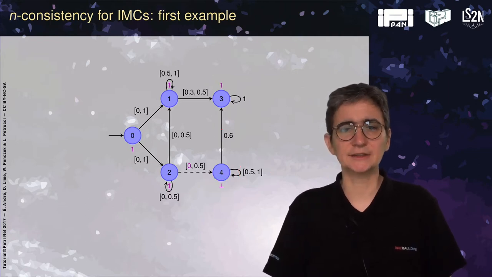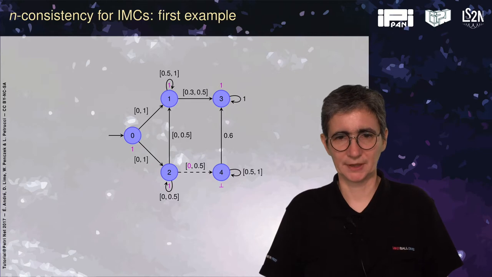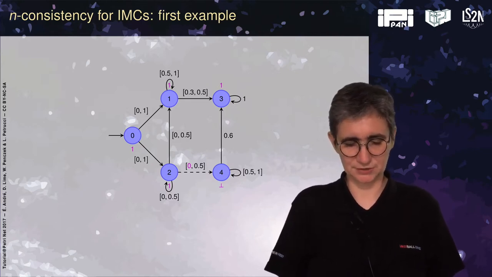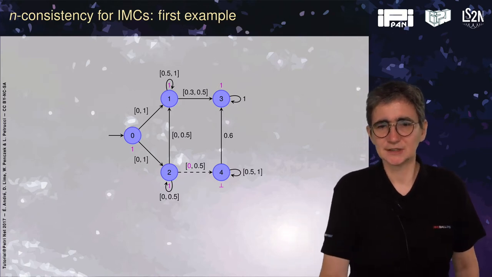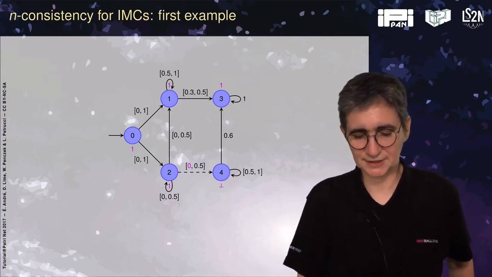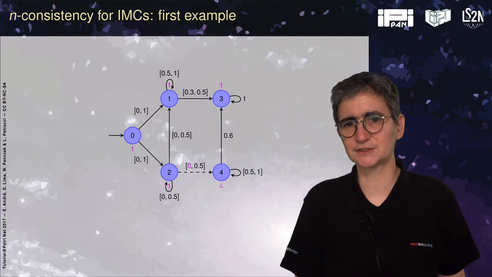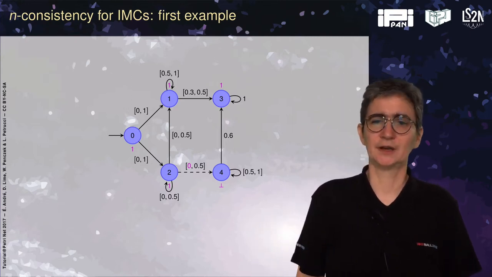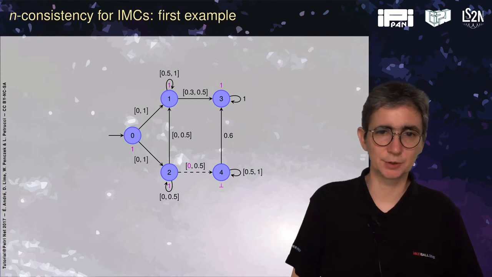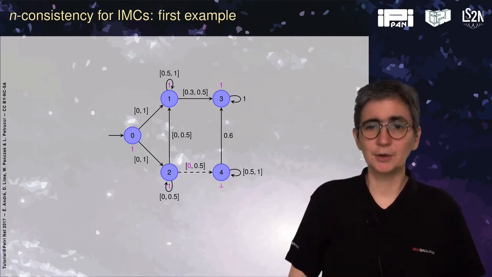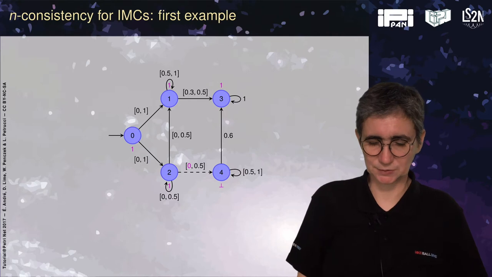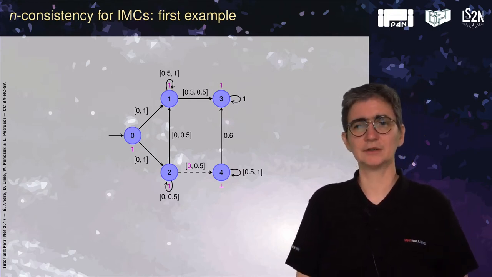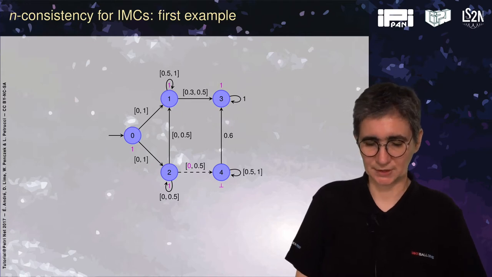So all states in this example are zero consistent, except state 4 that is not. Now let's look at one consistency. If we consider state 2, which is the most interesting here. State 2 must have, to be one consistent, a distribution rho such that the sum of probabilities adds up to 1, but also that all states that are reachable from 2 are zero consistent.